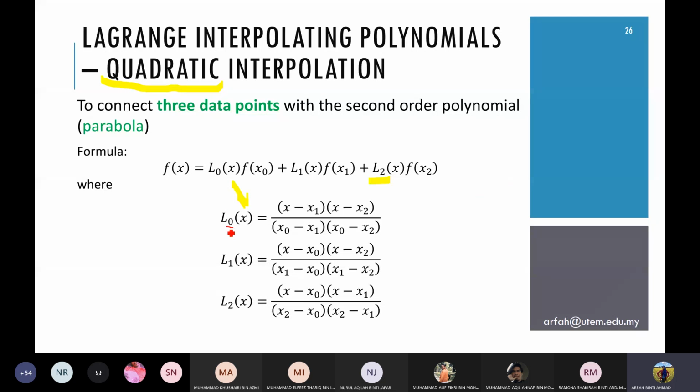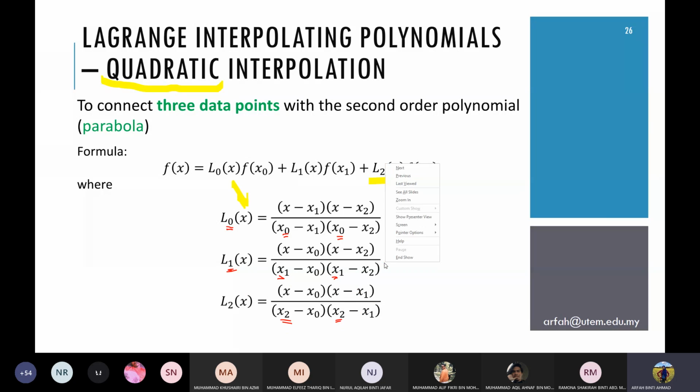Okay, L0 yang kita berminat, dekat atas dia tak ada menggunakan titik x0, x minus x1, x minus x2, dan titik x0 dia menjadi dia punya denominator. Okay, so untuk perkali yang first, you will see x tolak x0, x tolak x2. So x1 titik first dia jadi dia punya denominator. The same goes for L2(x): x minus x0, x minus x1, x2 minus x0, x2 minus x1.